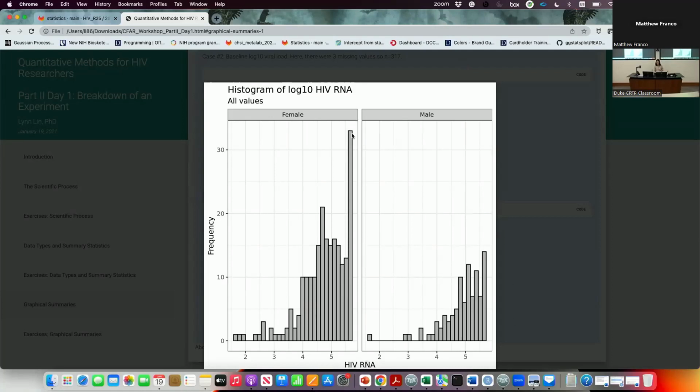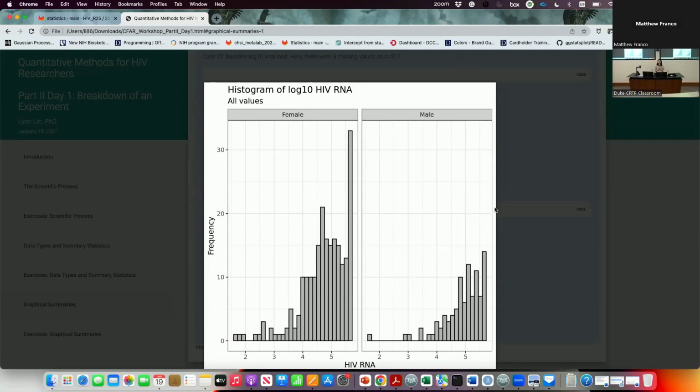Yes. The frequency, a higher percentage of females having extremely large HIV RNA readings versus the corresponding male people. And what else? Also it looks like you have a lot more males in your sample than females. Sorry, the other way around. Yes, that's a good observation.